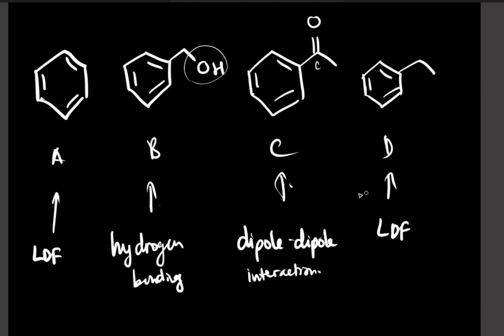And in D, well, this molecule is also nonpolar, so we only see London dispersion force. Oh wait, we see two molecules with the same type of force, and how do we rank these? Which one has a higher boiling point? Well, in D, the molecular weight would be larger than in molecule A, right?